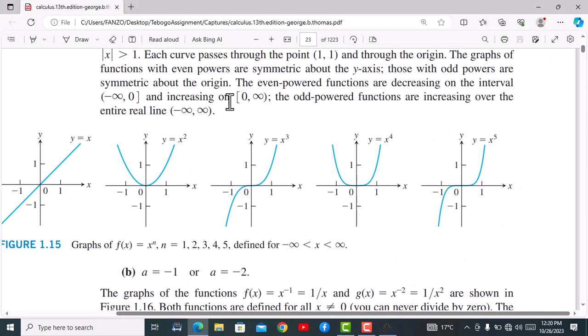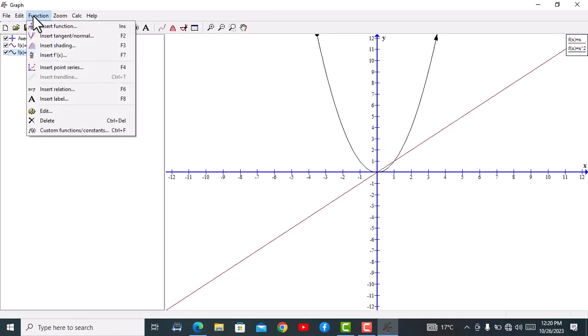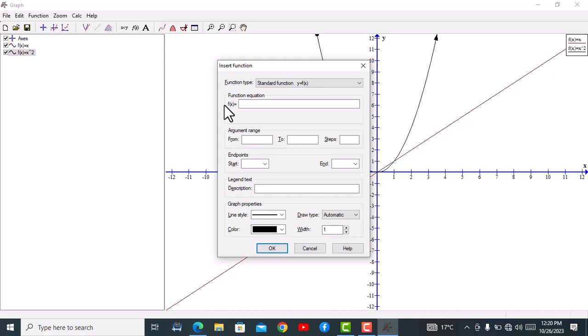Okay, let's continue and let's try to draw that one. So we can just come here, insert a function, and this is x to the exponent of 3.